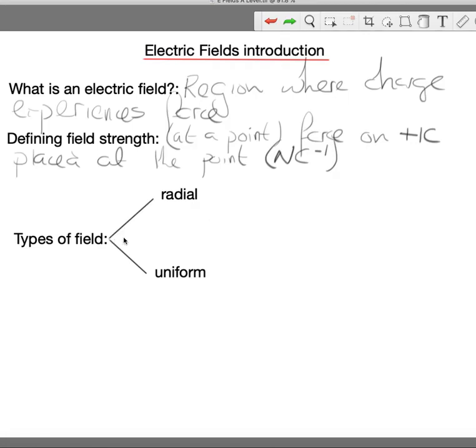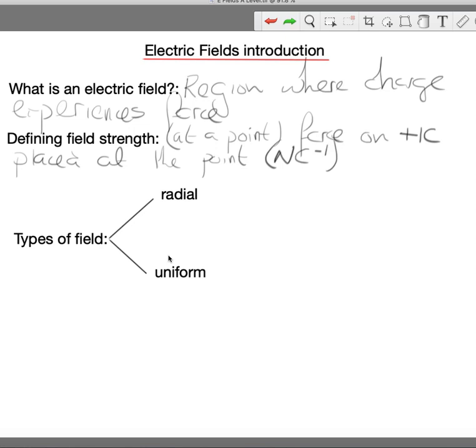Now, one of the things you need to be able to do is to compare and contrast gravitational and electric fields. That's why they're very often taught together. This is one of the differences, in that you have to define your field strength as the force on plus 1 coulomb. But one of the really big differences is that the gravitational field is never truly uniform. We talk about the gravitational field close to the surface of the Earth, for example, as being uniform.